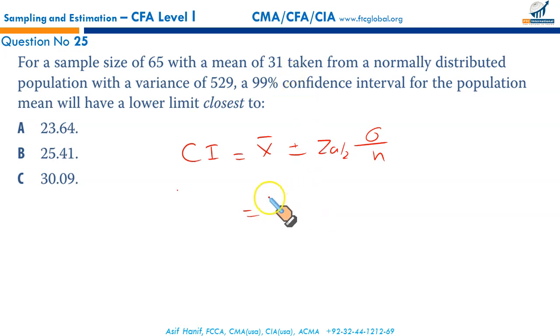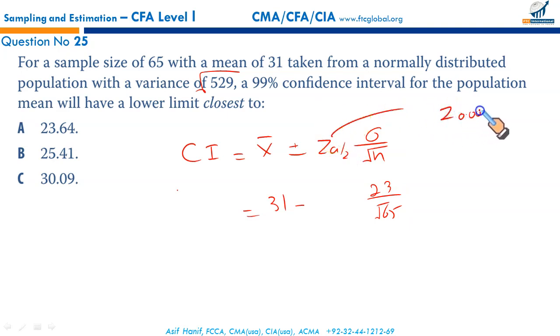Mean is given as 31 minus the standard deviation, which can be calculated by taking the square root of 529, and it's exactly 23, over the square root of n, square root of 65. Now what you need to do at 99% confidence, at Z 0.005, the critical value is 2.58 times this.